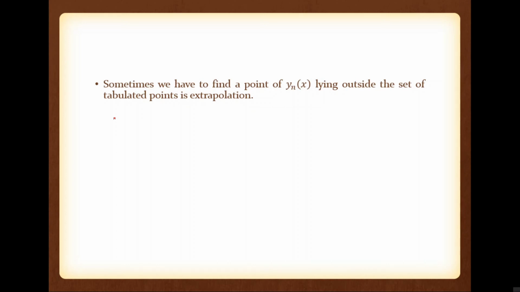Now we are going to extrapolate the new point. The new point is xp, where the relation between xp and x0 is xp is equal to x0 plus p into h. Earlier we had written an equation xi is equal to x0 plus ih.